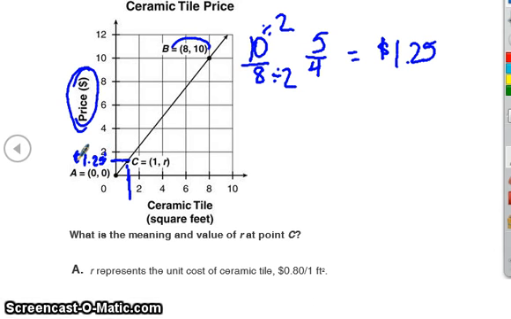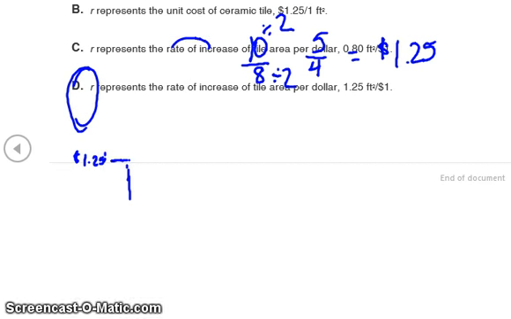A, R represents the unit cost of ceramic tile is 80 cents per square foot. Doesn't match what we're looking for. B, R represents the unit cost of ceramic tile, $1.25 per square foot. That looks good to me.